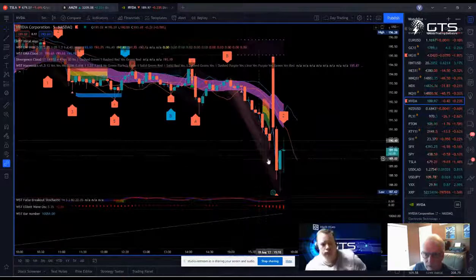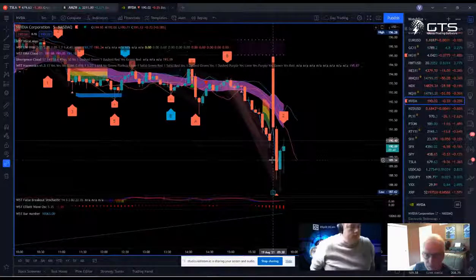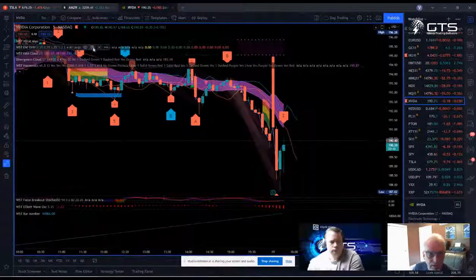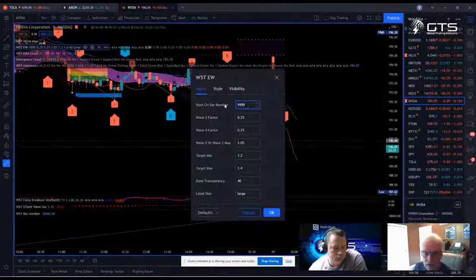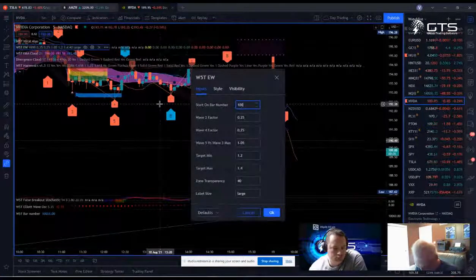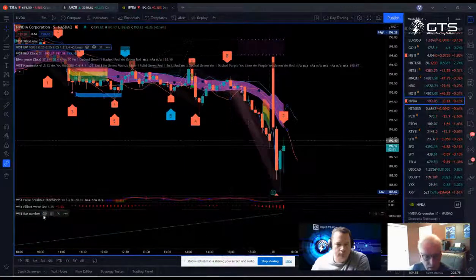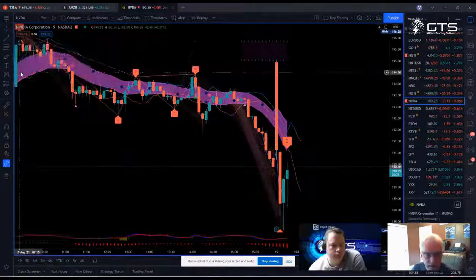I'm going to go over to this 9:30 number, 10063. I'll go back up to my Elliott wave, go to the settings and change this to 10063. Hit OK. Then I get rid of the bar count and collapse that back up.